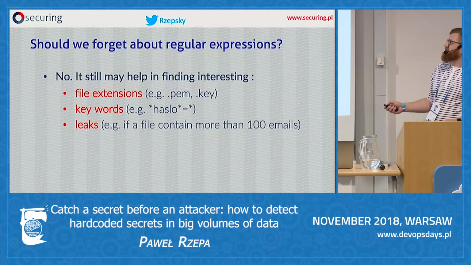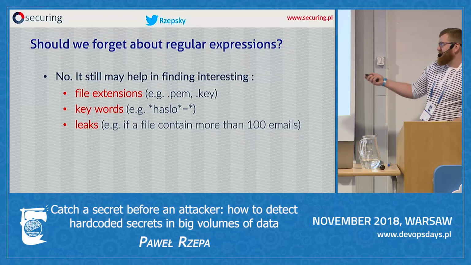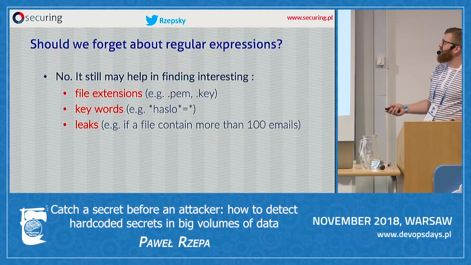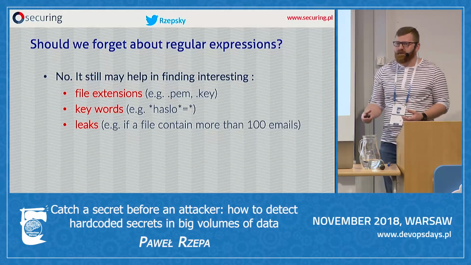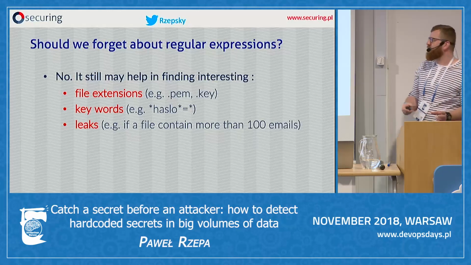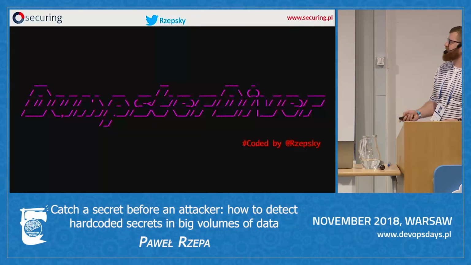But here you can specify the grep word, like hasło, or parole in Russian, whatever. And also if you are searching for some occurrences of specific words, you can use regular expressions.